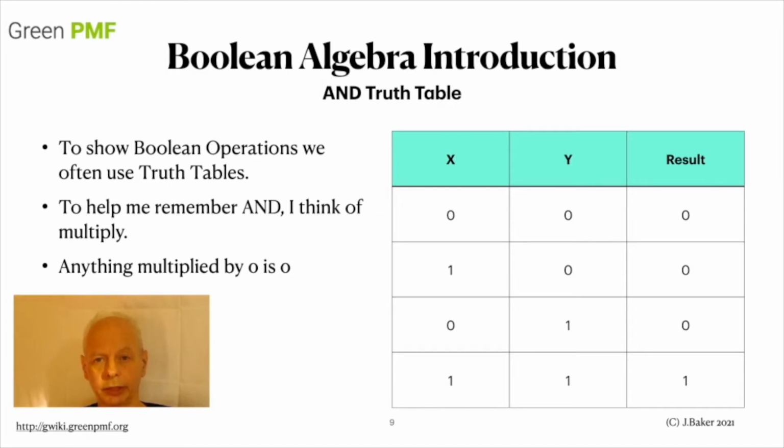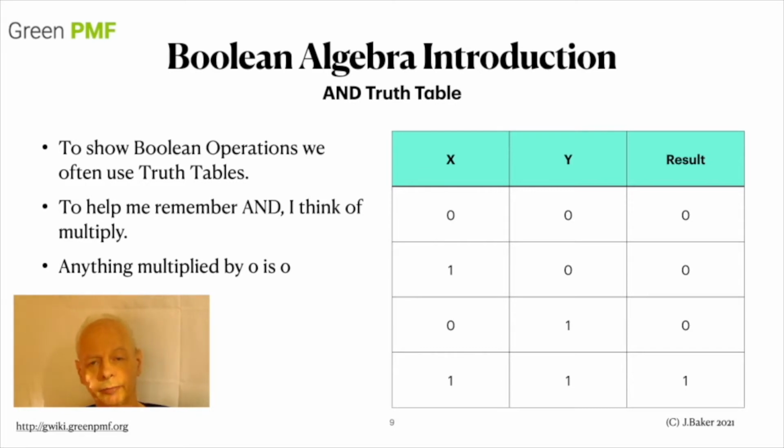Now in simple cases you think, well, do I really need that? Probably not. But as expressions and operations become far more complex, it's very easy to get lost in them, especially when you've got some embedded in parentheses or brackets and you've got a whole load of them. It makes it easier sometimes to get your head around what's going on by drawing up a truth table. So that's an example of a truth table for AND.